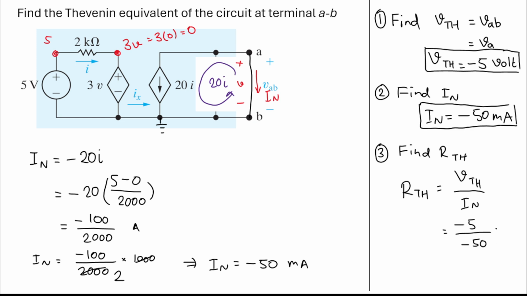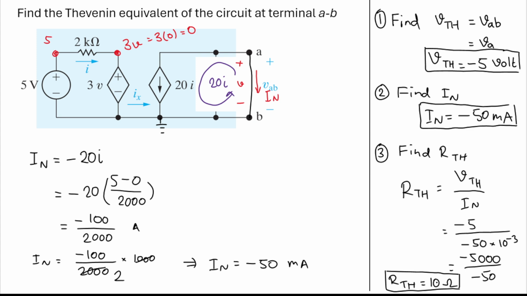But this is milliampere, so I will have this multiplied by 10 to the minus 3. So I will have minus 5,000 divided by minus 50. Therefore, I will have RTH is equal to 10 ohm. Right? So we will have RTH is 10 ohm.